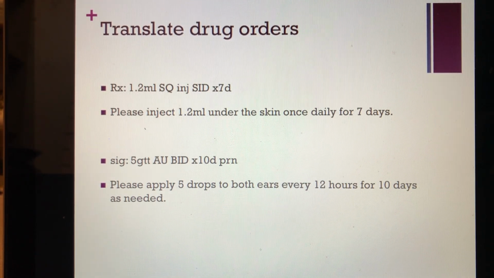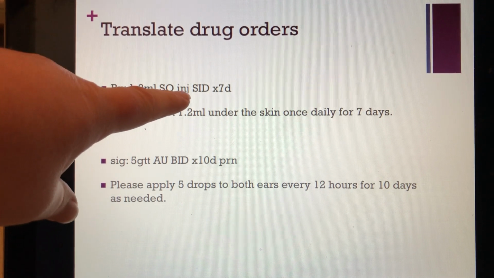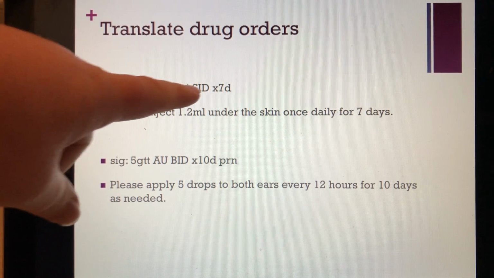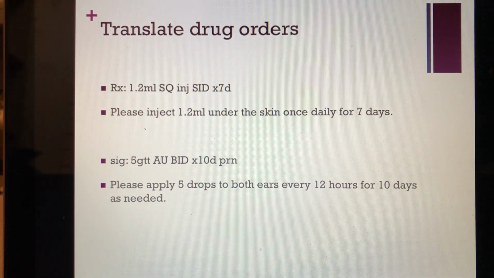So that's a volume amount. ML is milliliter. So if we're doing a volume amount like this and it's going SQ, SQ means subcutaneous, which is under the skin. So that's an injection. And you can see here INJ is part of the prescription order as well. So we're giving a sub-Q injection of 1.2 mLs.